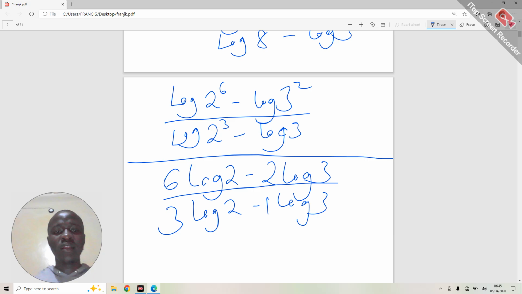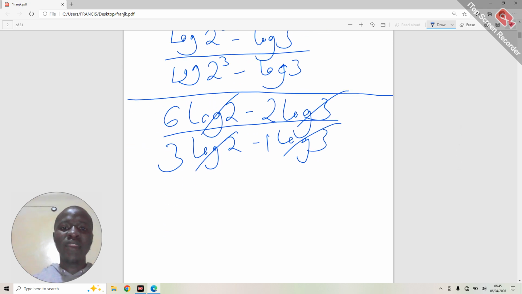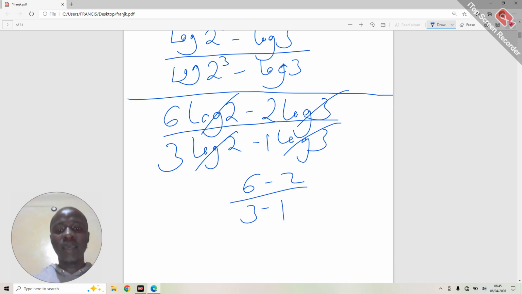Remember, there is a 1 there which is invisible. Then you'll see them cancelling: that cancels that, that cancels that. Then they have 6 minus 2 all over 3 minus 1. So 6 minus 2 gives us 4, 3 minus 1 is 2. Then they have the answer as 2.